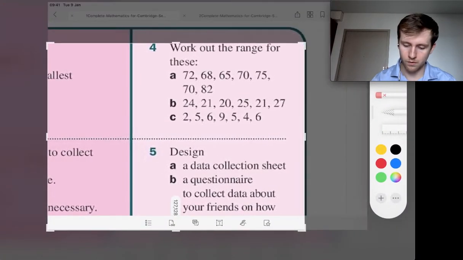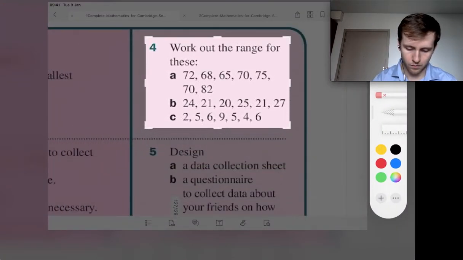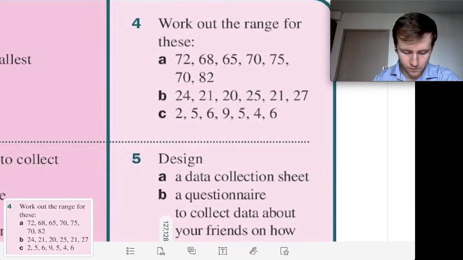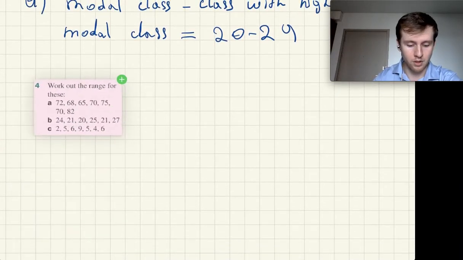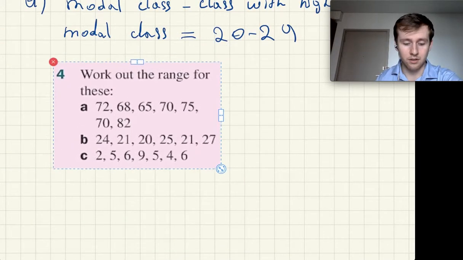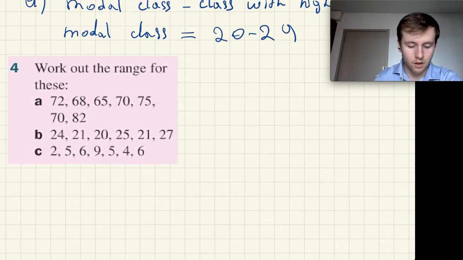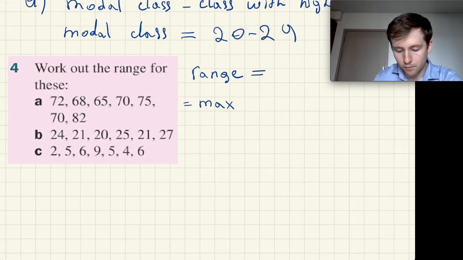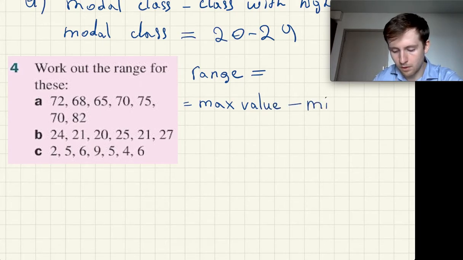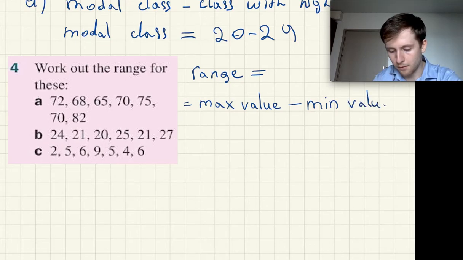So question 4 is about range. Range is another important property of data. To be short, range is equal to the maximum value minus the minimum value.